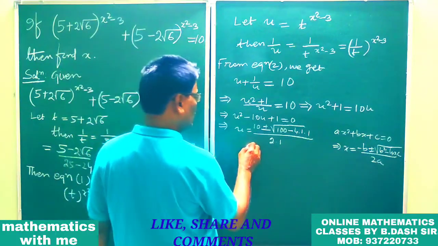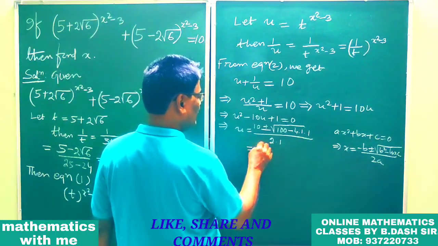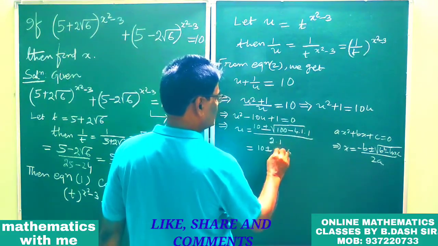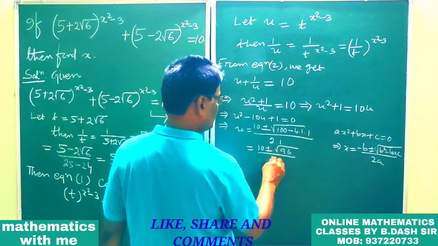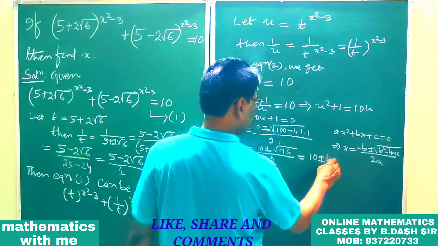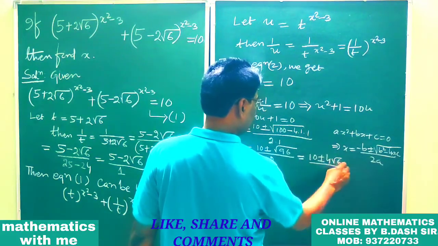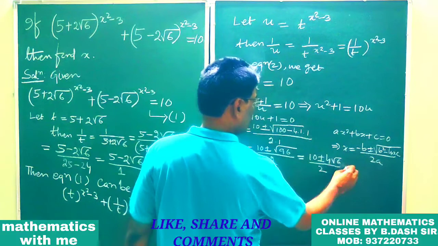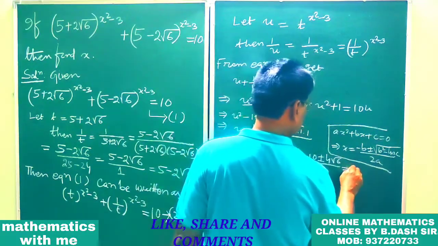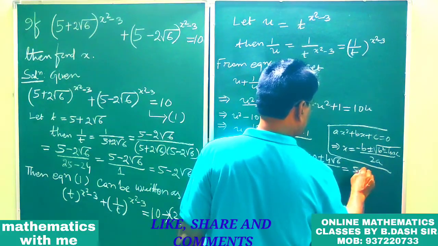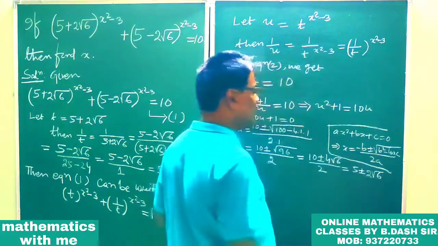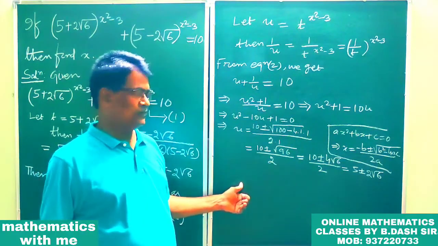So this is equal to 10 plus minus root over 96 divided by 2. This is equal to 10 plus minus 4 root 6 by 2, which is equal to 5 plus minus 2 root 6.